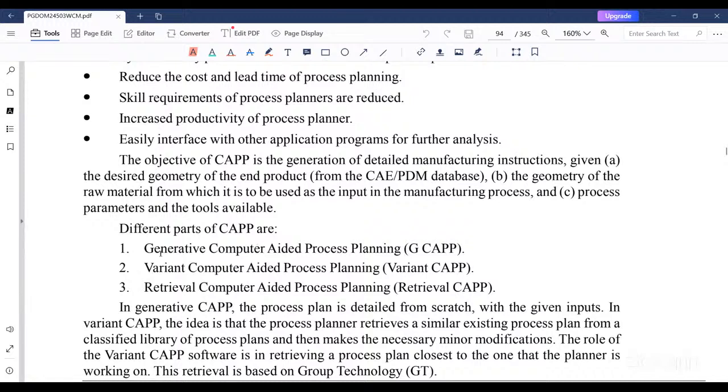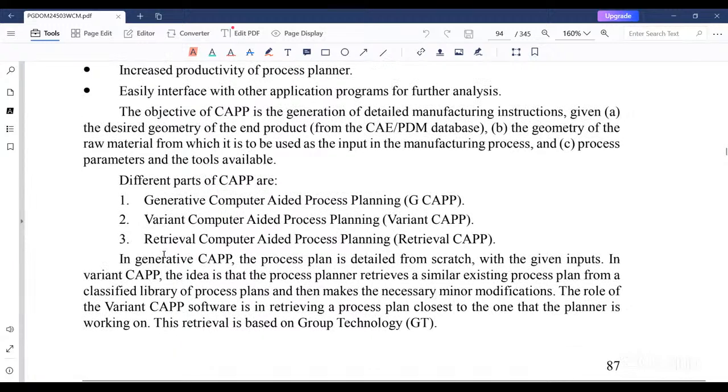GCAP means Generative Computer Aided Process Planning, VCAP means Variant Computer Aided Process Planning, and RCAP means Retrieval Computer Aided Process Planning. Generative planning is detailed from scratch, like the given inputs.